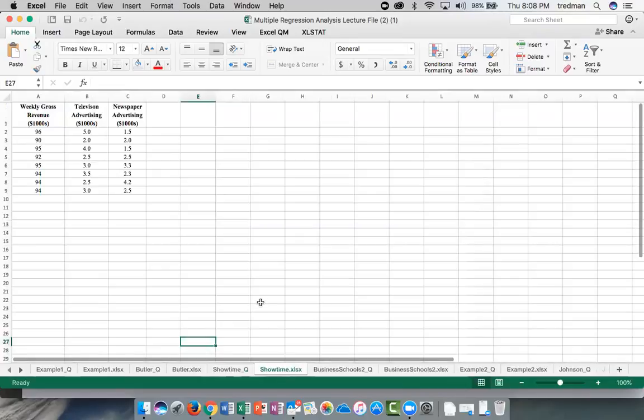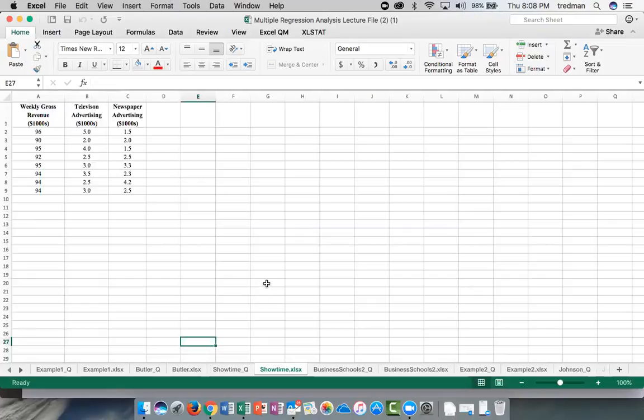Then we'll do a forecast using just television advertising, and then we will look at a multiple regression using both television and newspaper advertising. So first we're going to start with newspaper.